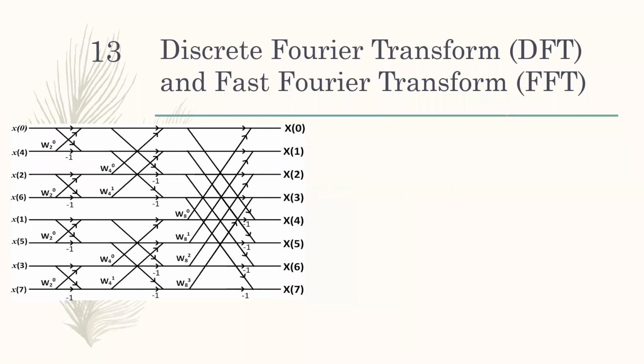This is one example I have just shown, and you can see that we have these interconnects which are weighted by the twiddle factors, and after that some calculations happen. You can see over here also we have the twiddle factors. So at the end I get the overall x of k.